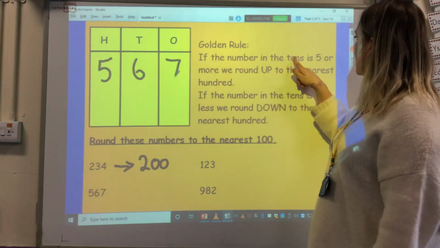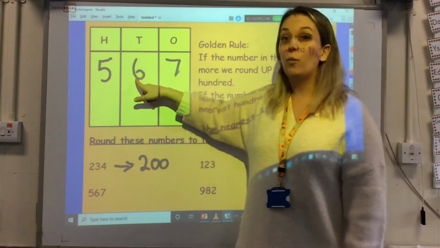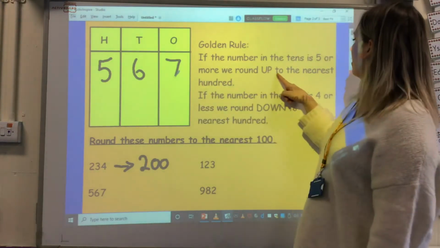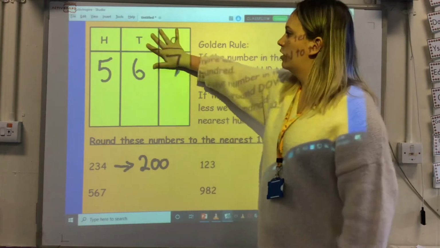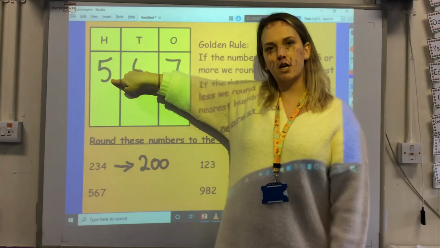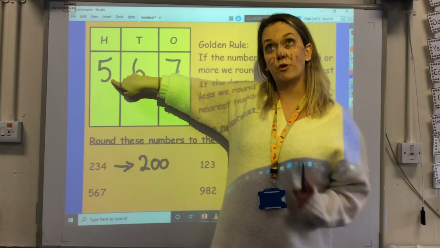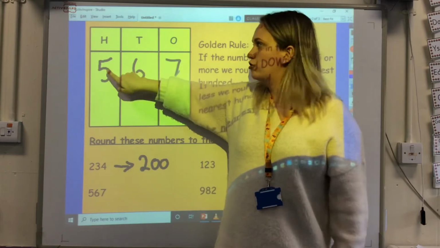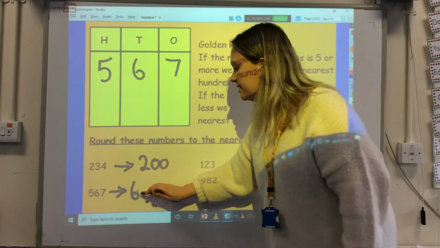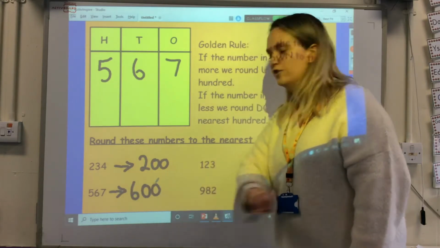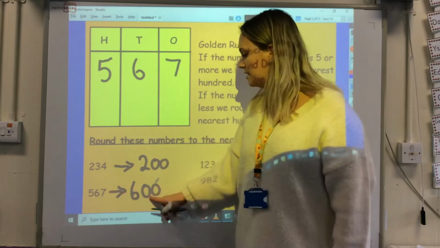Fantastic. If the number in the tens is 5 or more, which 6 definitely is, we need to round up to the nearest 100. So, what would be the next 100 after 500 if we're rounding up to the nearest 100? That's right, our next one would be 6. So we would have 600 if we rounded this number to the nearest 100.